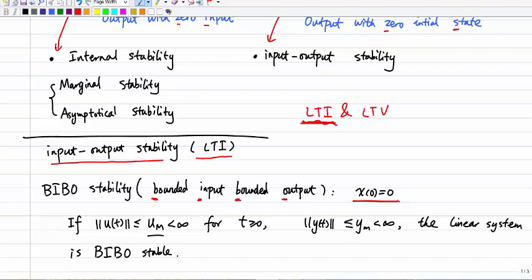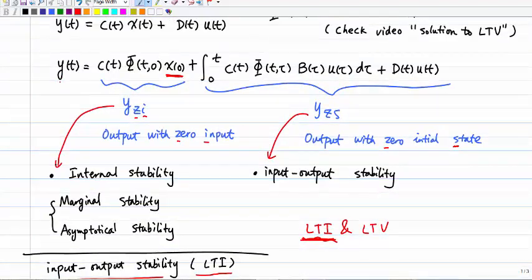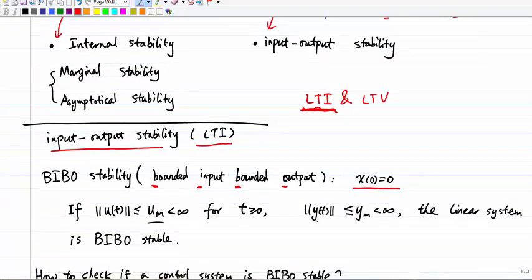If we give a control input u(t) whose norm is less than or equal to some constant um, which means u(t) is bounded and um is less than infinity, and this implies that the output y(t) also has a finite norm, less than or equal to ym. This norm is the vector norm.